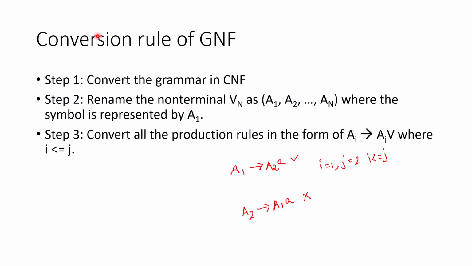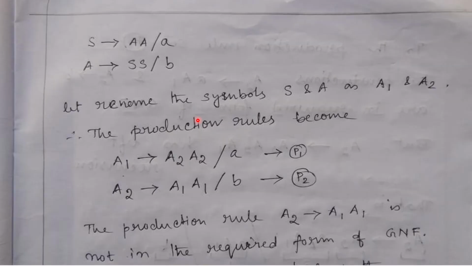And in step 2, it is written that it should be A1 to An, where, I forgot to write start, but you just mention it, the start symbol is represented by A1. Okay, so that's why I have written this. Now if S is A1 and A is capital A2, conversely this production rule will look like this: A2 to A1A1 or b, right?